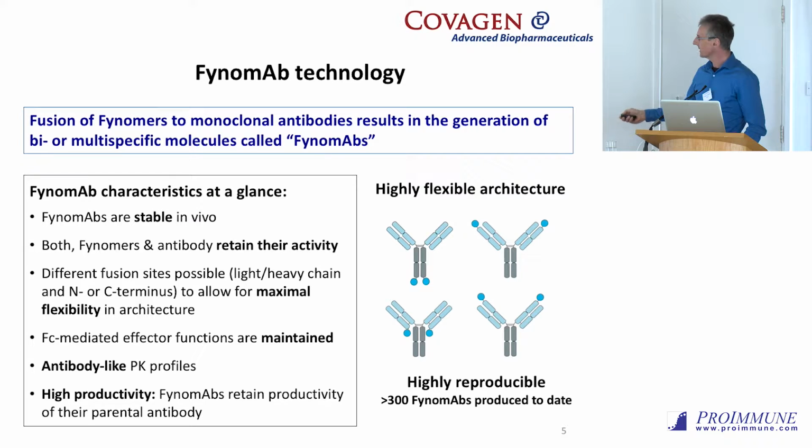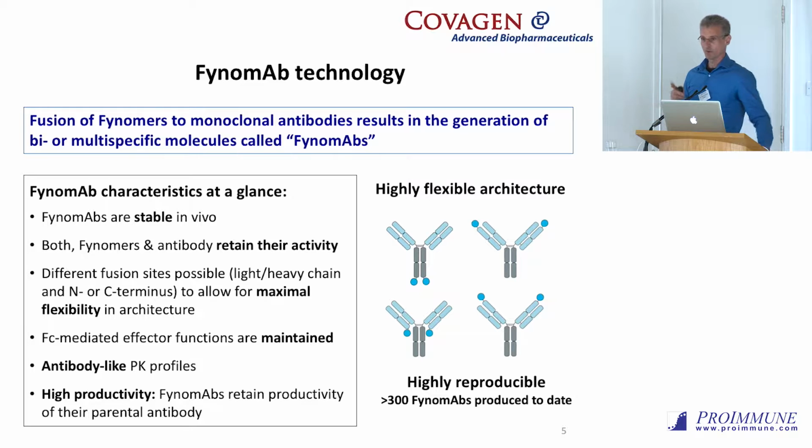You have the classical IgG backbone and then the blue little circles that represent the phenomers. As a consequence, those molecules are now bispecific, or you can even generate tri- or multispecific molecules.